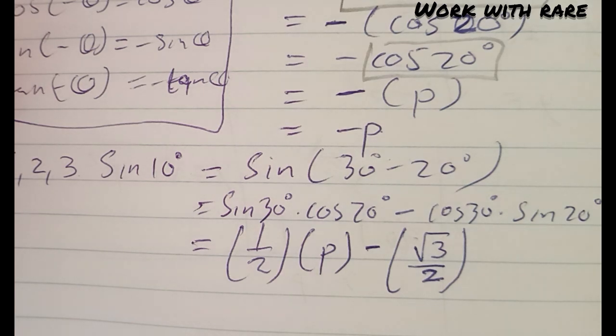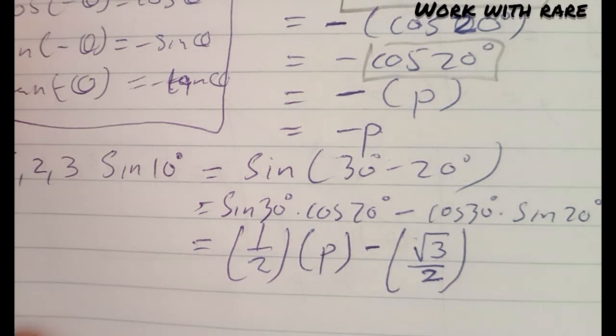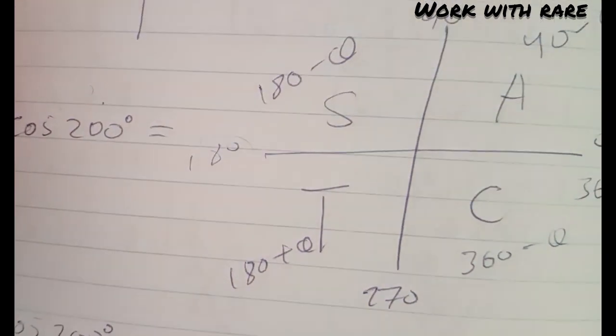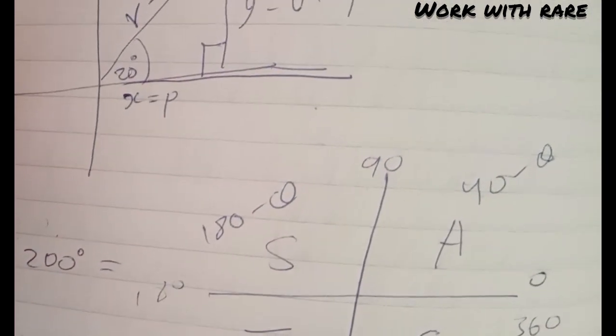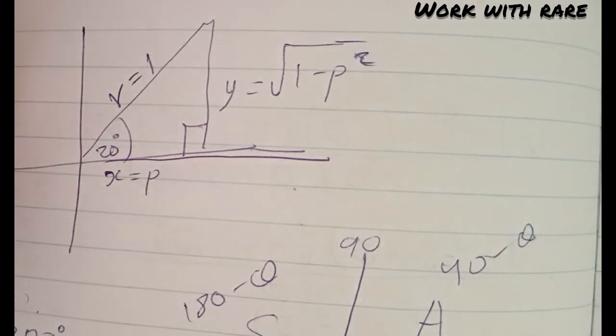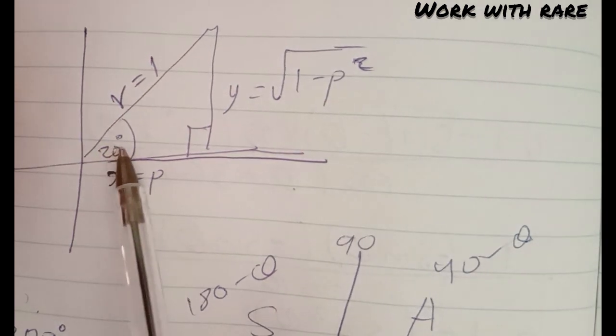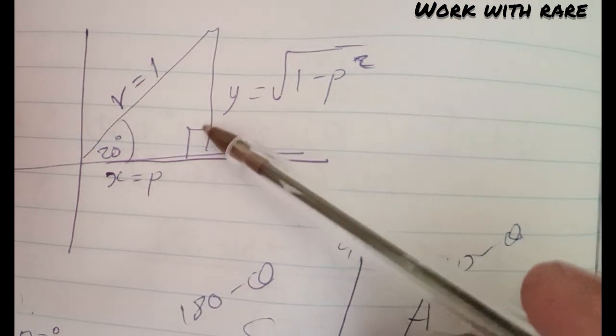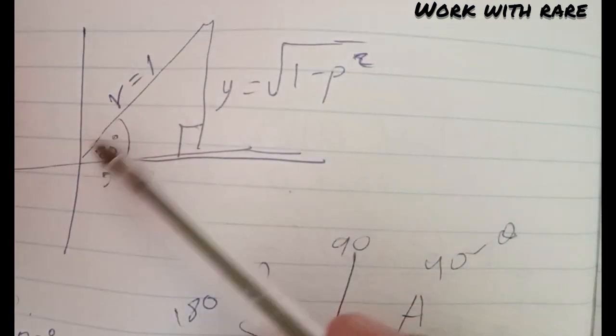Since we are given cos 20 as P, we can go to our diagram and see. I wrote another sketch here, but they are the same, you see. For sine 20, remember, sine is opposite over hypotenuse. So opposite is this side, hypotenuse is this side.